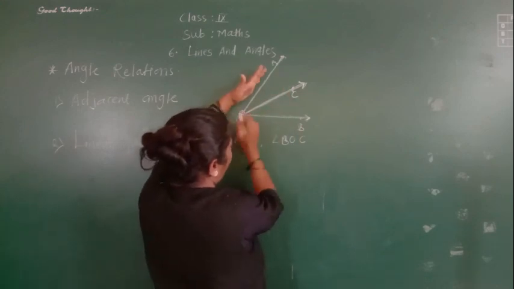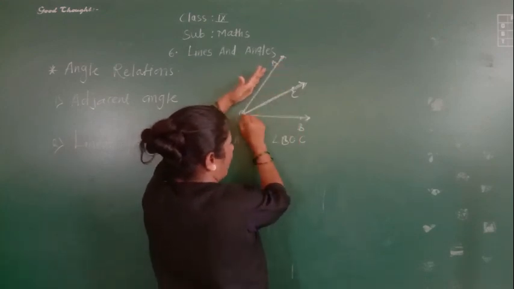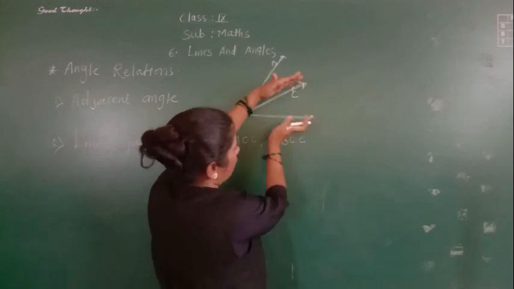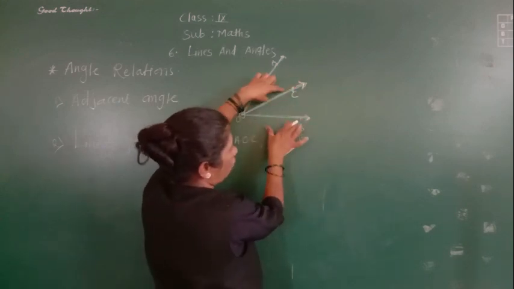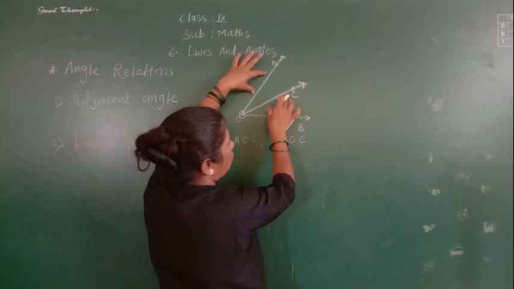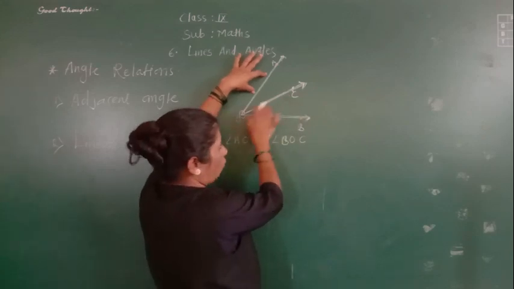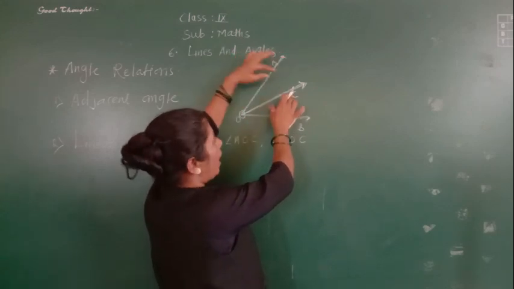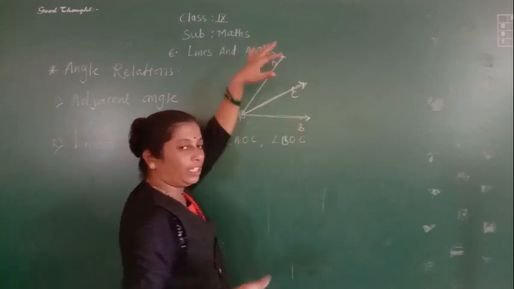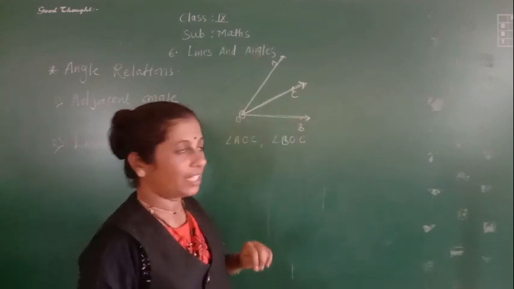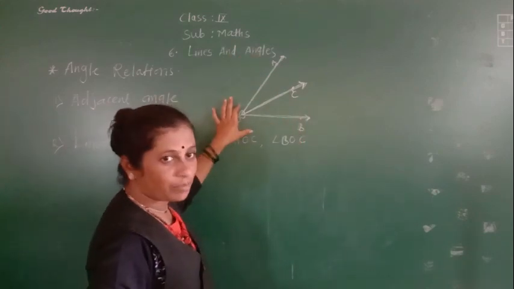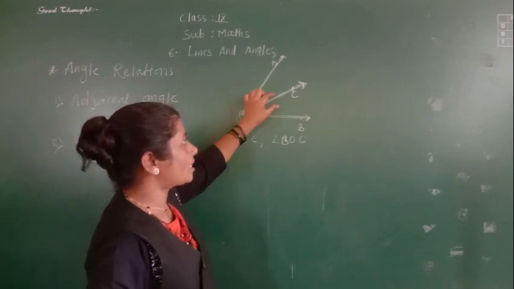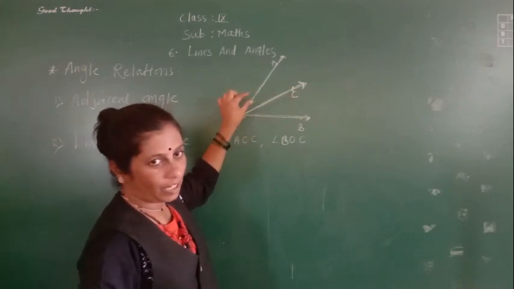The non-common arms are OA and OB, right? So angle BOC has two arms, angle AOC has two arms, right? In that OC is the common arm, and OA and OB are the two non-common arms, and these two non-common arms are on either side of the common arm, right?